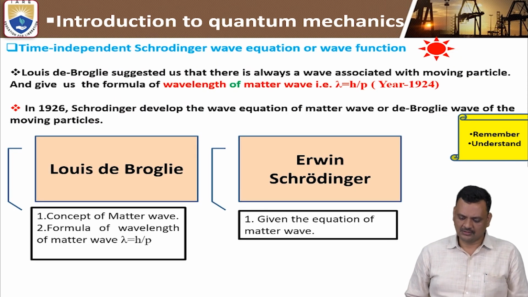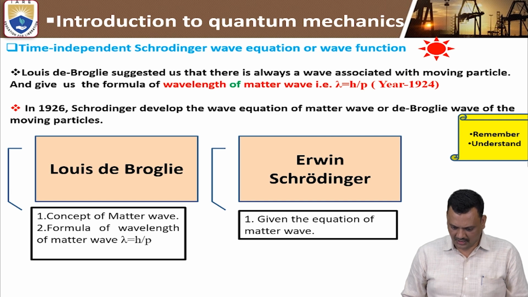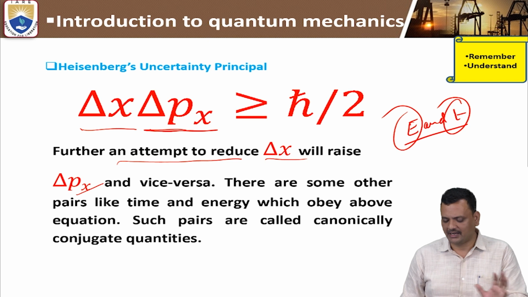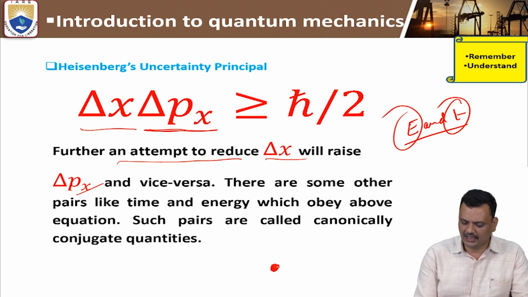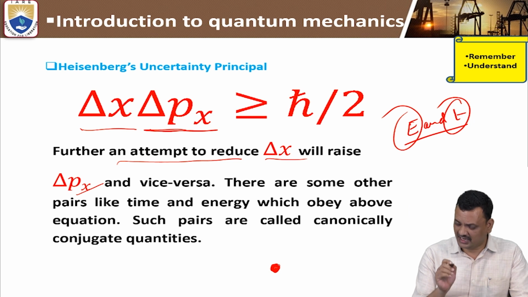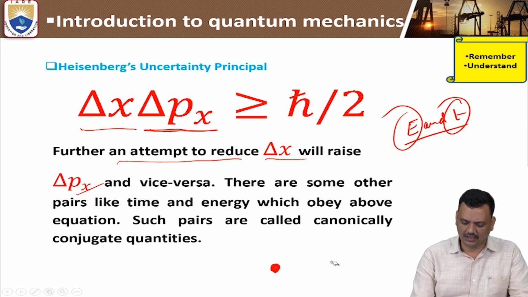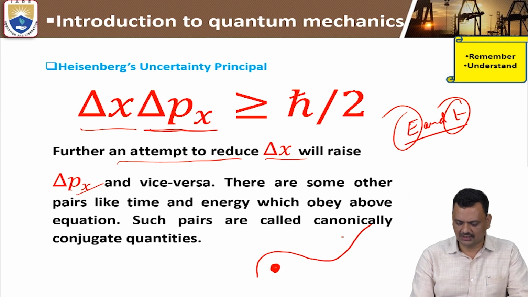So up to here, what happened? The concept of matter wave: any moving particle of any material has a wave associated with that particle. That idea was proposed by Louis de Broglie. Suppose this is any moving particle.